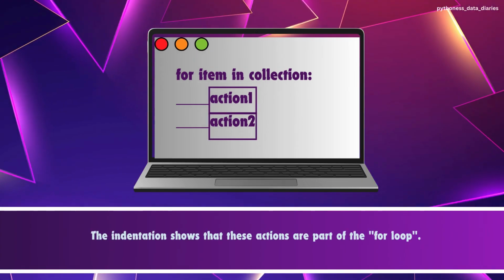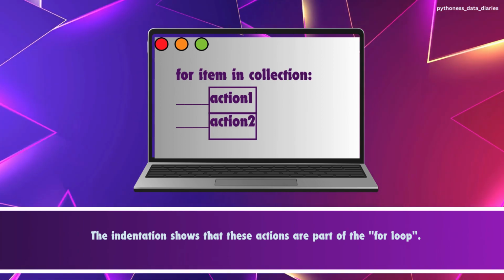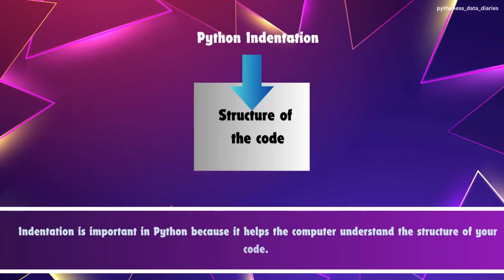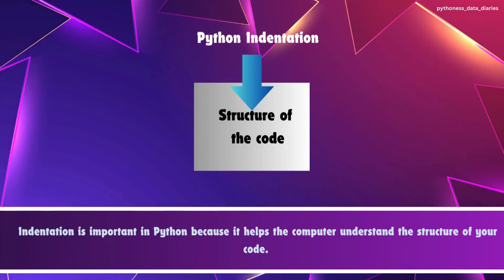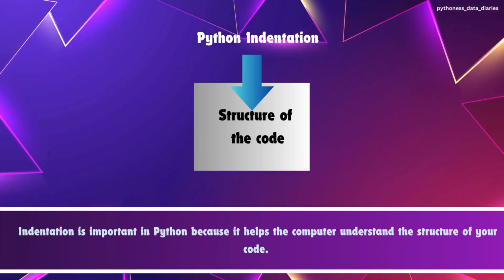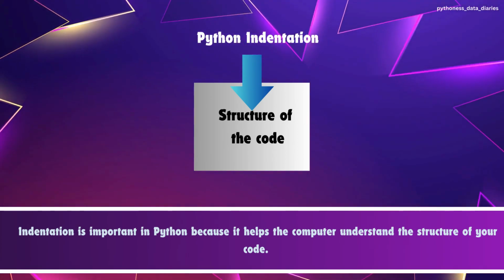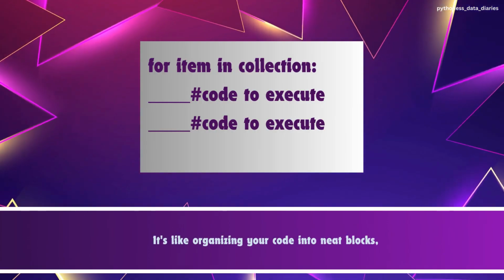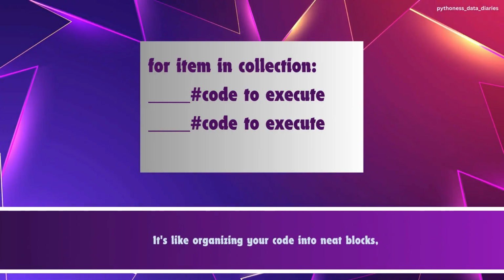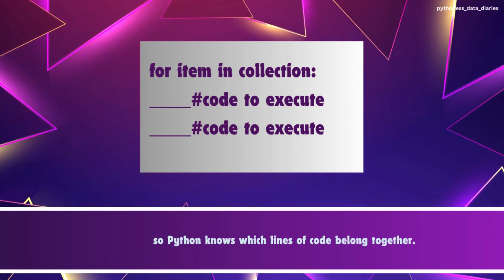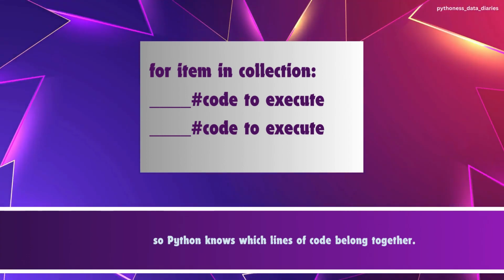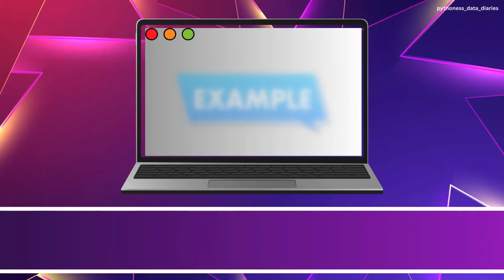The indentation shows that these actions are part of the for loop. Indentation is important in Python because it helps the computer understand the structure of your code. It's like organizing your code into neat blocks. So, Python knows which lines of code belong together.